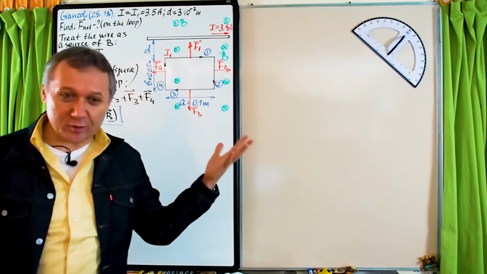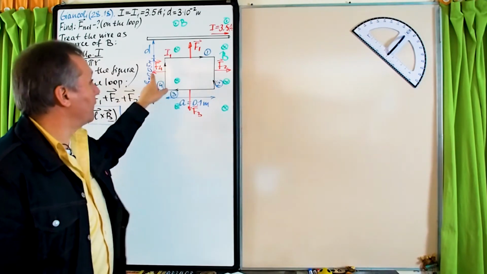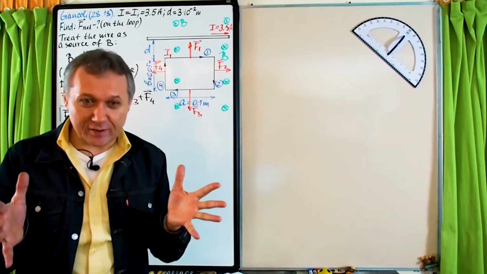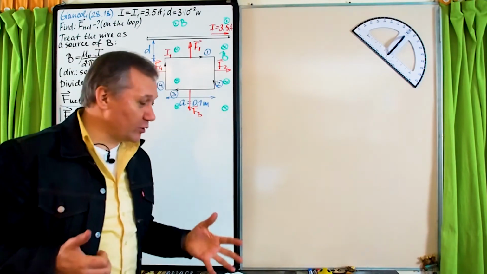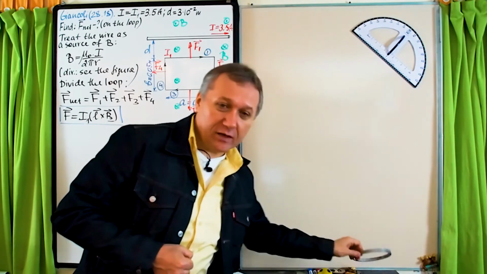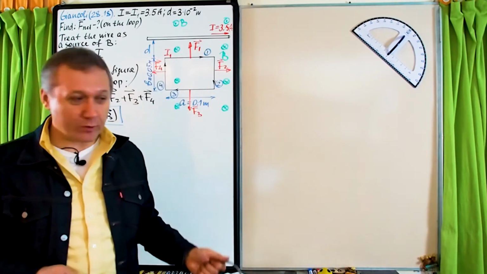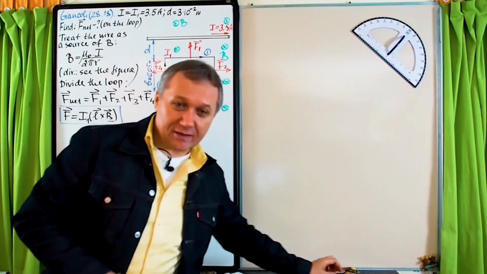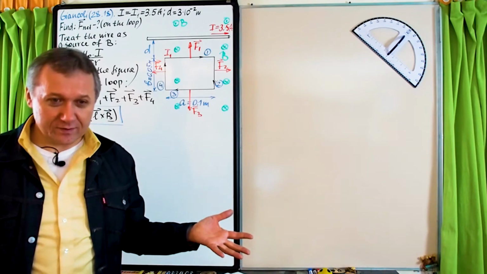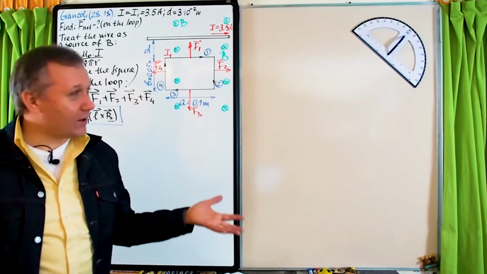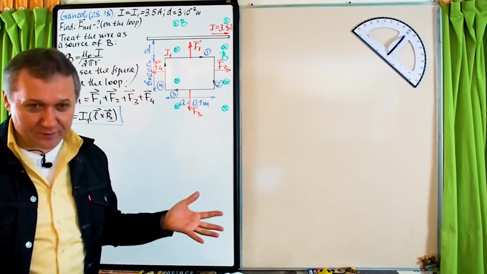So what can you say about their strength? F2 and F4 are the same in magnitude, but opposite in direction. If we assume the loop is sturdy, impossible to distort, but of course this is a rectangular loop, then these two forces just cancel each other out, without contributing anything to the net magnetic force.